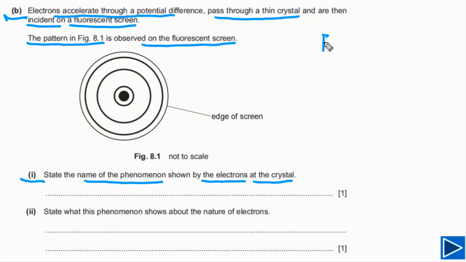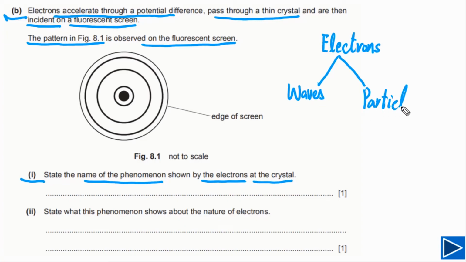Electrons behave as waves and electrons also behave as particles, but it depends on the conditions. If you get this pattern, in this case electrons are not behaving as particles because electrons spread out.